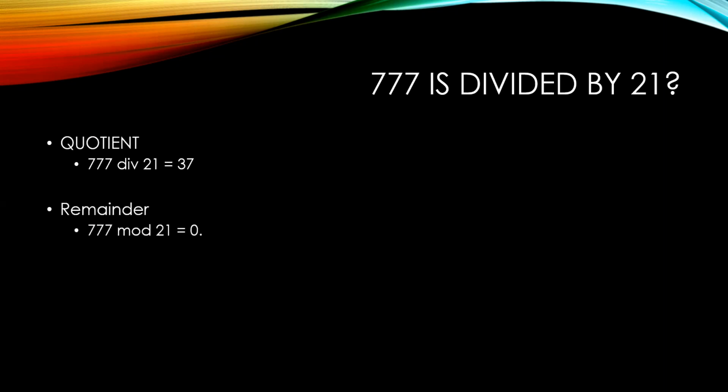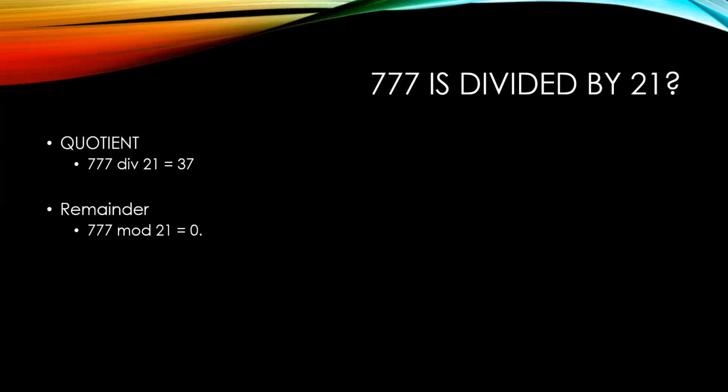And for 777 divided by 21, again for the quotient, our function is div, so 777 div 21. The result is 37, the whole number. And then the excess using mod, the result is 0. So it means that 777 is divisible by 21.